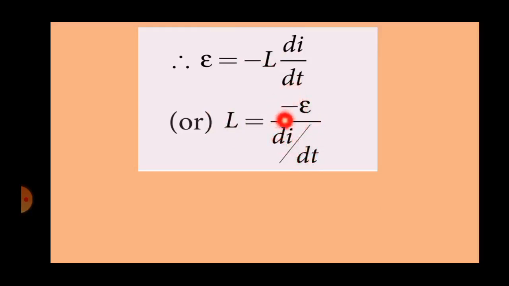The negative sign indicates that the self-induced EMF always opposes the change in current with respect to time.